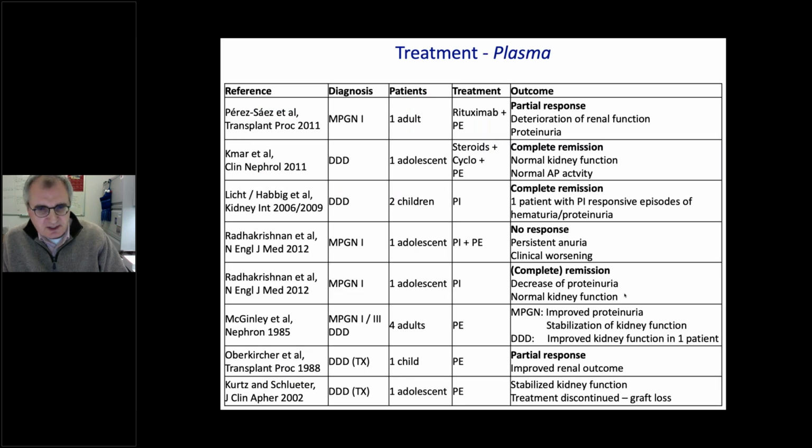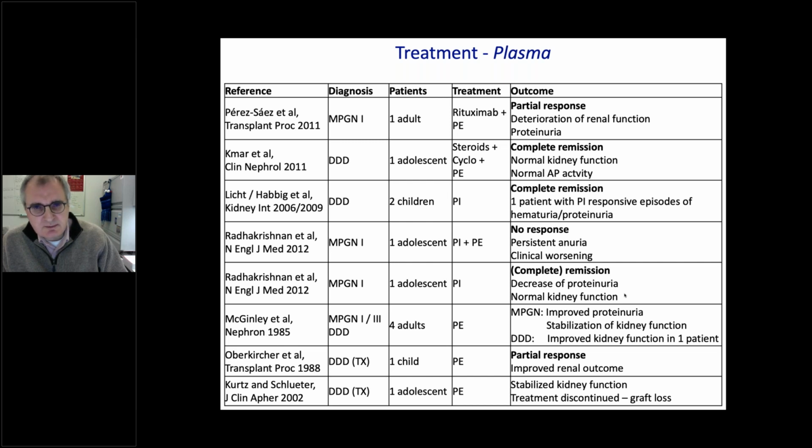I'm not shocking you with this table, but with the next couple slides, I will just make the point that given our insights into the role of complement, of course, there are respective treatment strategies in place, and that includes plasma treatment with some documented benefit.